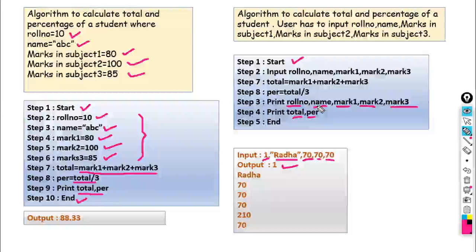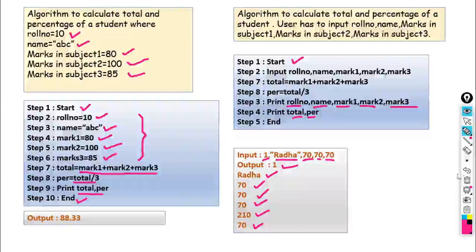Then we print name, so it gives you Radha. Then within the print statement the 3 subjects' marks are there, so it will print 70, 70, 70. And in the next print statement we printed total and percentage, so it gives you total 210 and percentage 70.